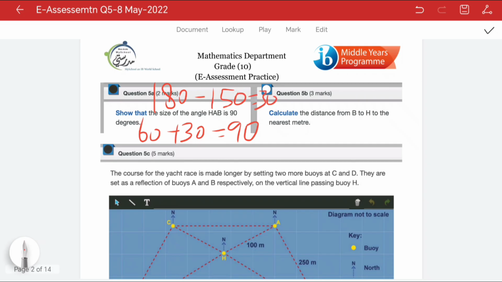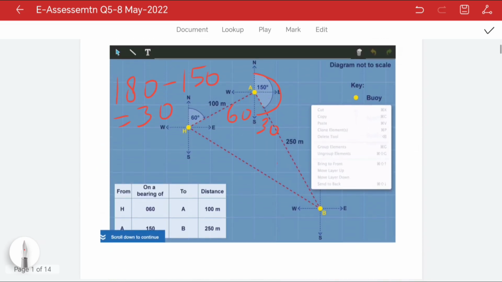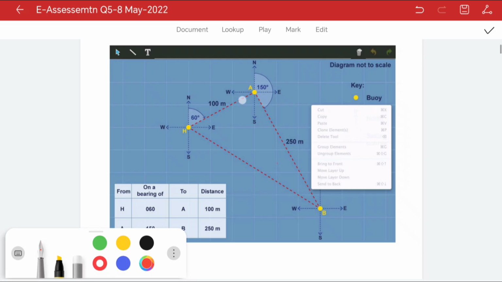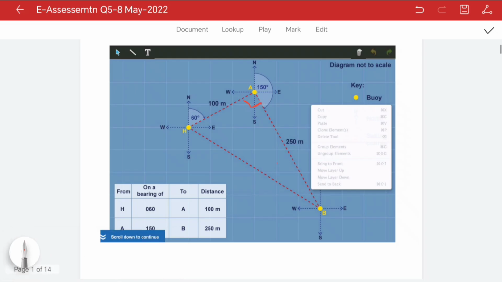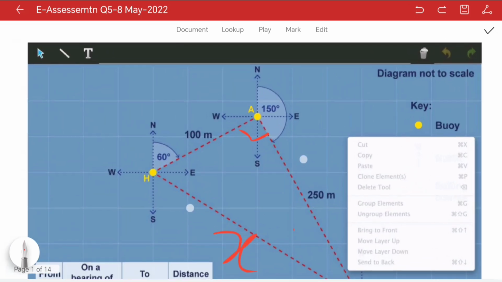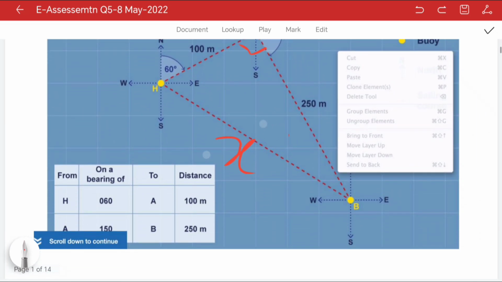Then they ask you to calculate the distance B to H. Where is B? B to H. This is a right angle triangle, so this angle is right. This is x, which is unknown, and the two other sides are given. So the way to find it is the Pythagoras theorem. x squared equals 100 squared plus 250 squared.